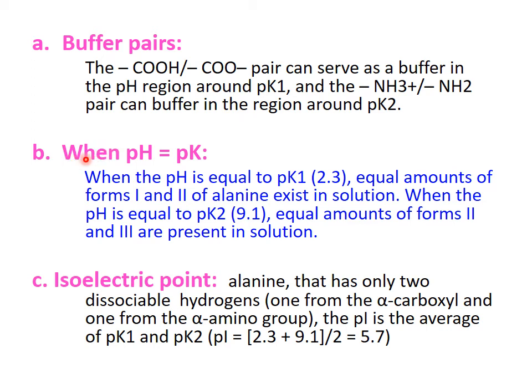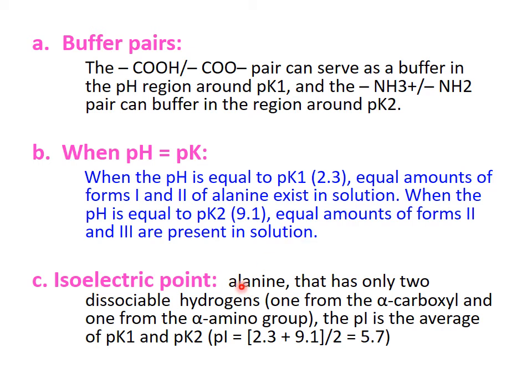Now, when the pH is equal to pK1, 2.3, equal amounts of form 1 and form 2 of alanine exist in the solution. And when the pH is equal to 9.1, equal amounts of form 2 and form 3 are present in the solution.